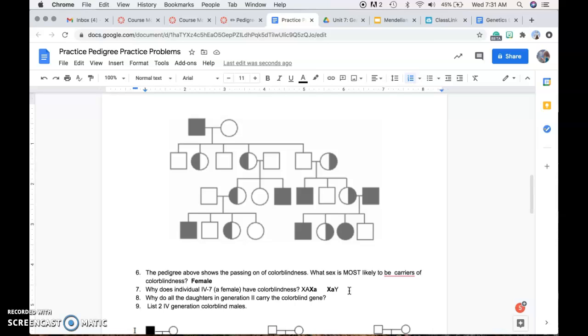So individual 4-7 has color blindness because mom is a carrier and dad is affected, meaning he is colorblind.